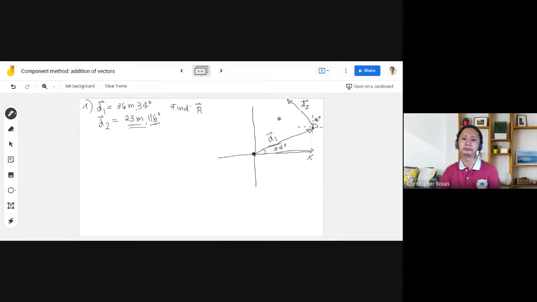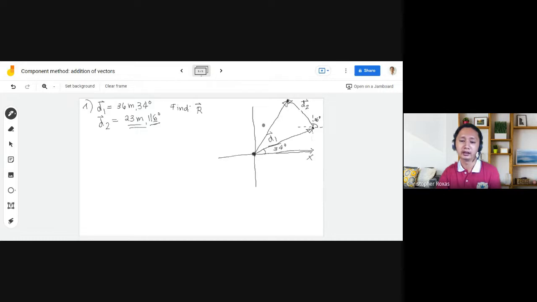And then, how do you get the resultant? You will connect the origin to the final position. And of course, the arrow is pointing to the final position.